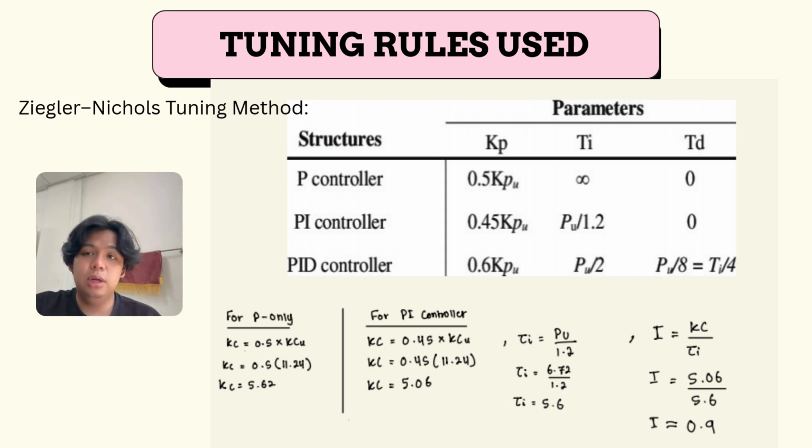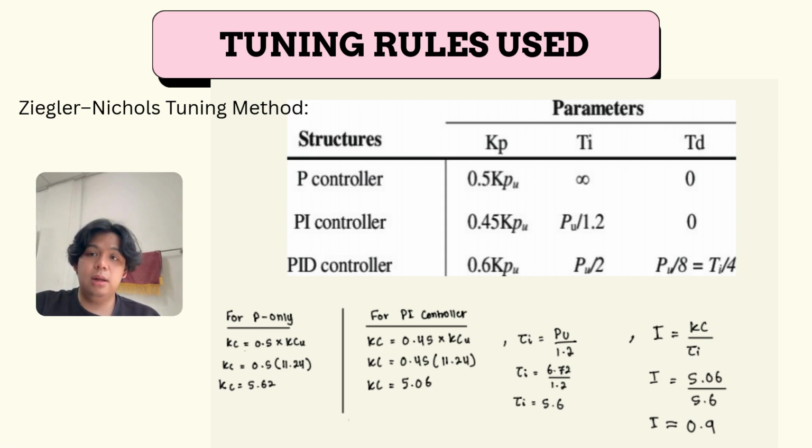For the PI controller, the gain is Kc equals 0.45 times Ku and we get 5.06. We also calculate the integral time for PI, which is Pu over 1.2, equal to 5.6.